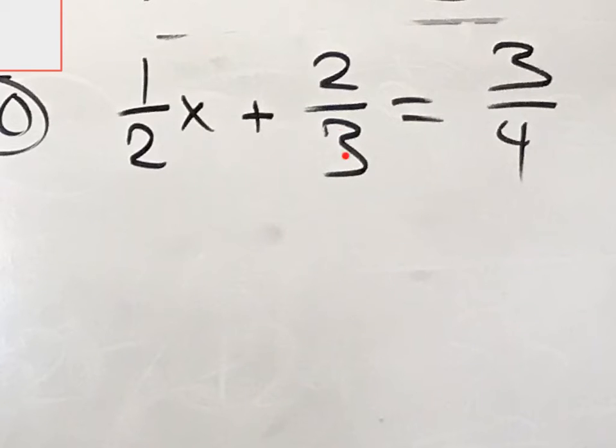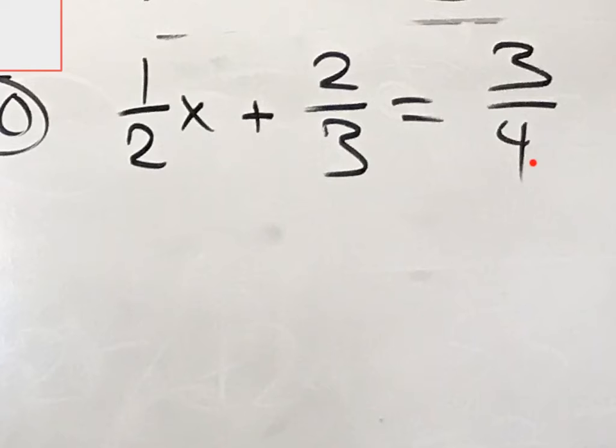If you want to get rid of all fractions at the same time, you got to look at the denominator 2, the denominator 3, and the denominator 4. Now, I would go to the biggest denominator and ask yourself, could I change the other ones to become that one? If that's the case, then multiply everything by 4. But you can't. So I would take this big denominator and multiply it by 2. 4 times 2 is 8. And 2 works with 8, but 3 does not work with 8.